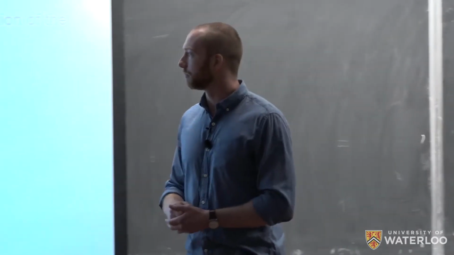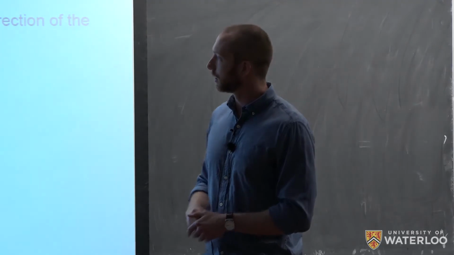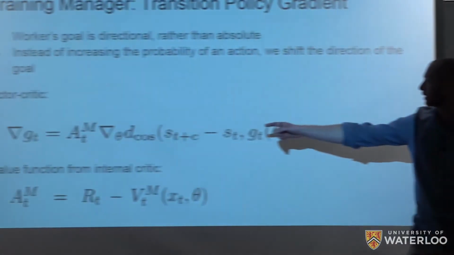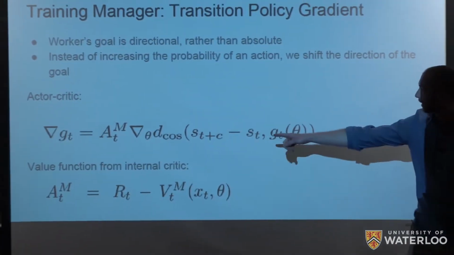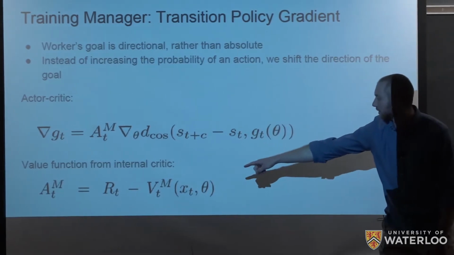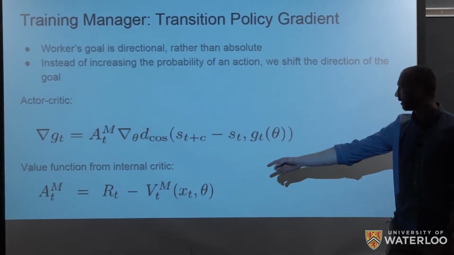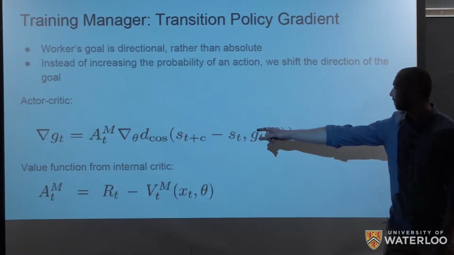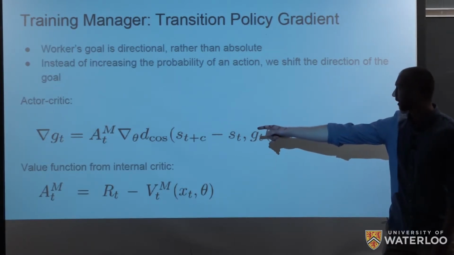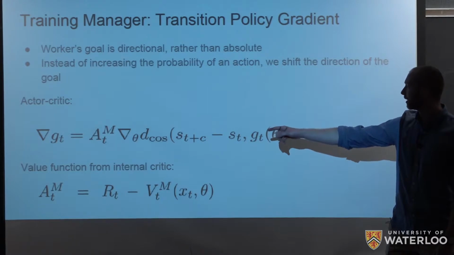They train it using actor-critic, and that's what this equation shows. If we look at the A, this is the advantage, the normal kind of advantage function. Then here we have cosine similarity.